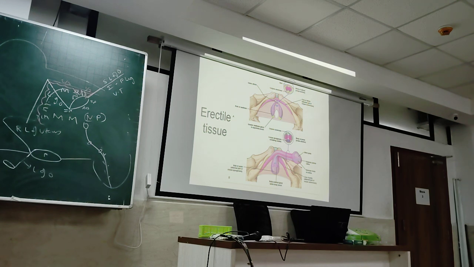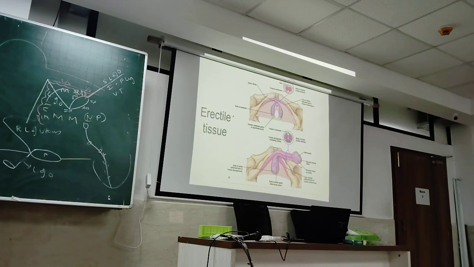Now we go to the urogenital triangle. Abdominal Scarpa's fascia continues into the urogenital region with a new name, Colles fascia. Same spelling of Colles as in Colles fracture. So just a new name for the Scarpa is Colles fascia.